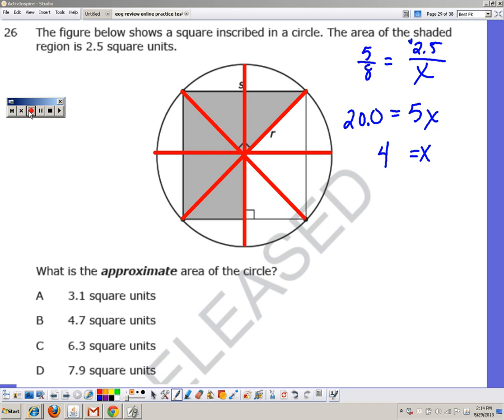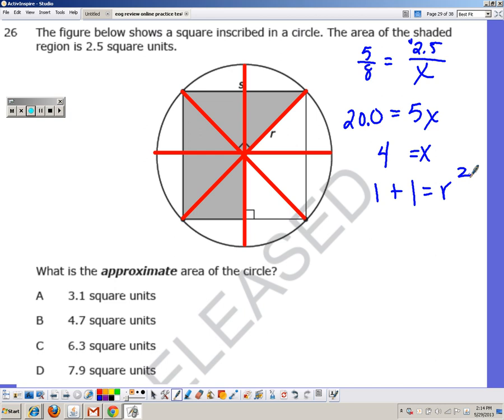Alright, so we're going to do the Pythagorean theorem because of this right triangle. Does everybody see that right triangle? So, each side, if the area is 4, each side is going to be 1. So we're going to do 1 plus 1 equals r squared.